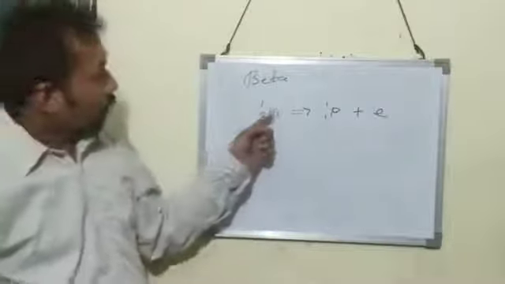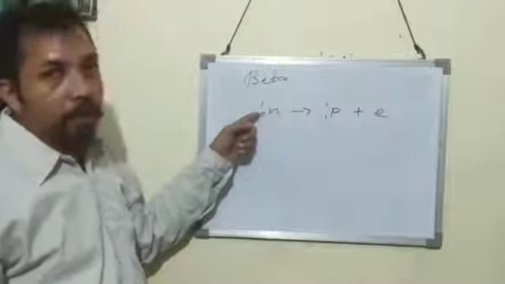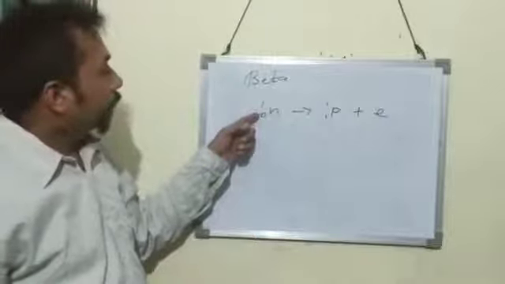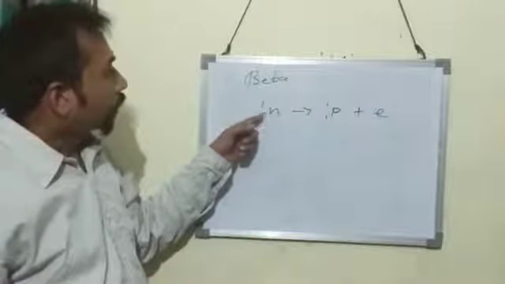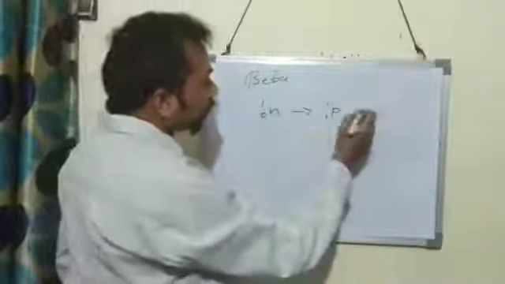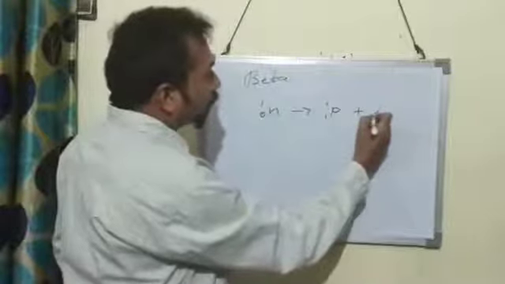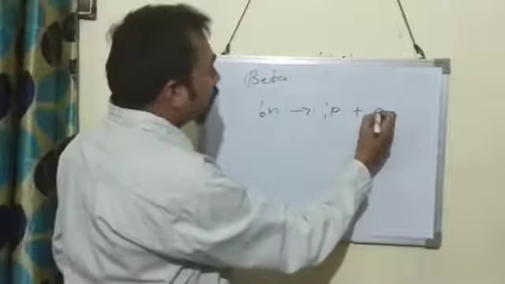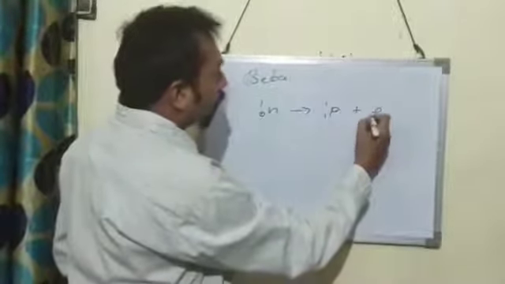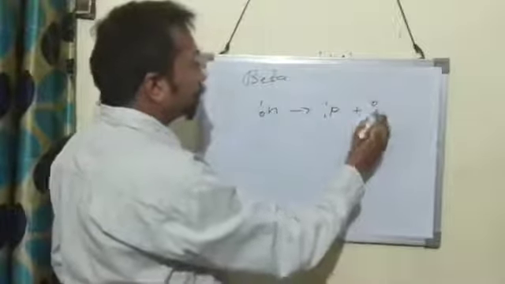The neutron's number is not counted in the atomic number, so 0 is written. The electron's number is taken in the atomic number but not counted in the mass number.